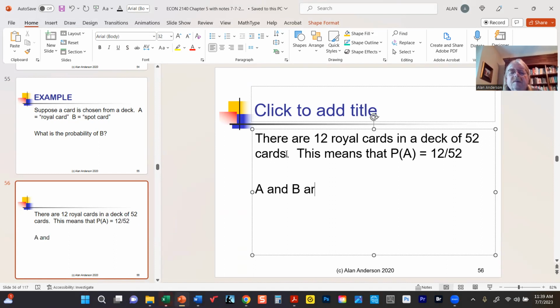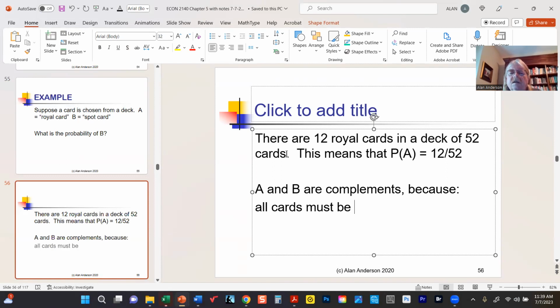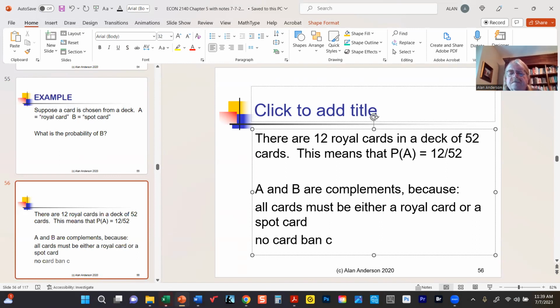A and B are complements because all cards must be either a royal card or a spot card, and no card can be both.